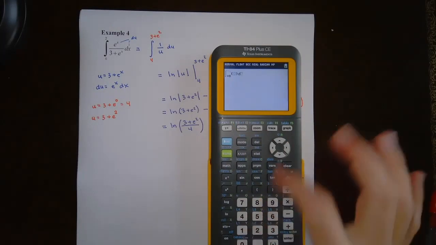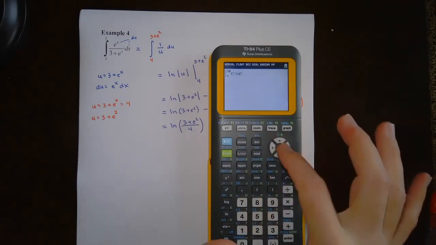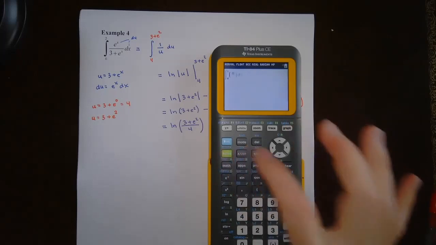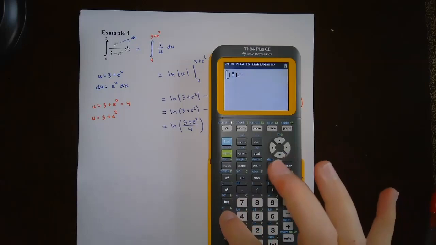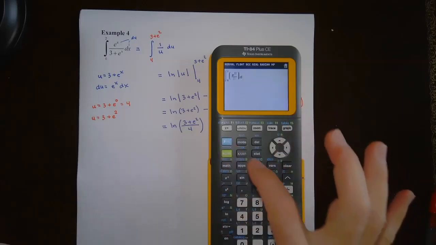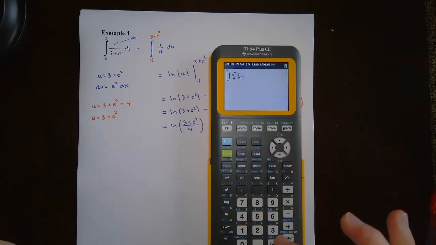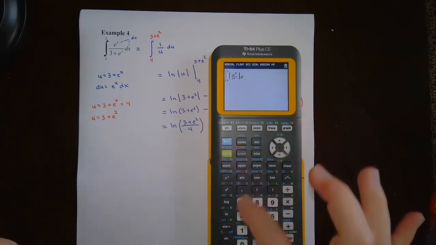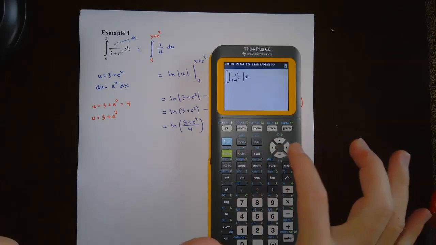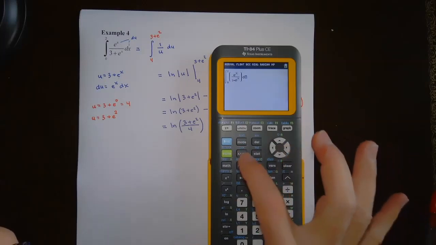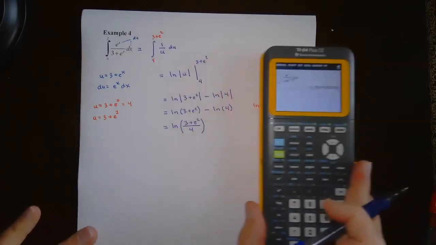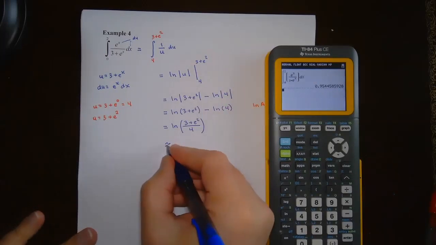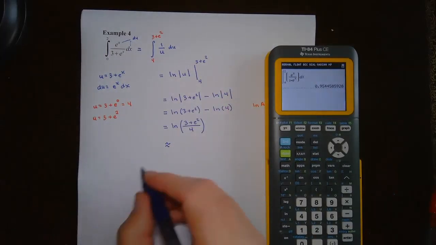We're going to go from 0 to 2, and then alpha, x for the fraction bar, and then e to the x, we have to press second, e to the x, and then the denominator was 3 plus e to the x, and dx. And we get an answer of 0.954. So this is approximately, remember, to 3 decimal places, 0.954.